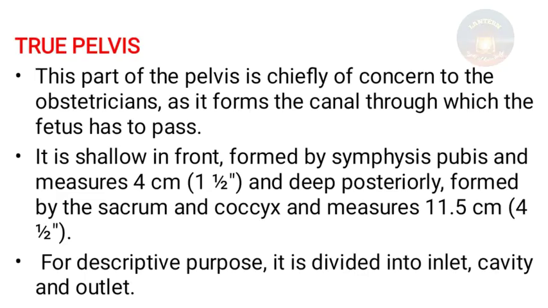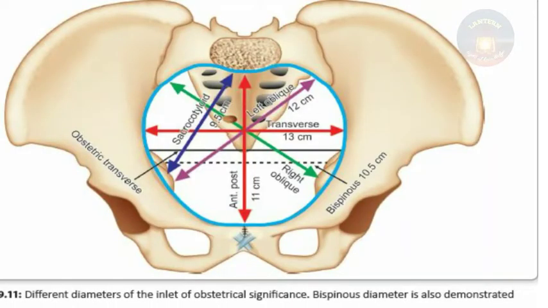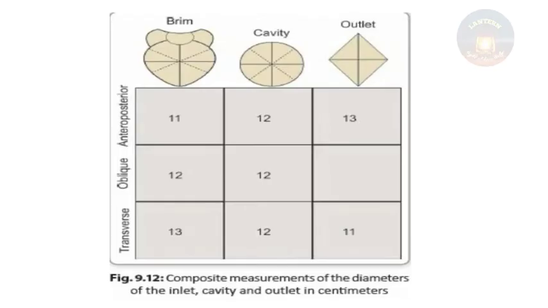So this is the picture of the pelvis. You can see various different diameters of obstetrical significance of the inlet. This is another picture about the brim or the inlet, cavity and outlet and various diameters. You can see the anteroposterior, oblique and transverse diameter.